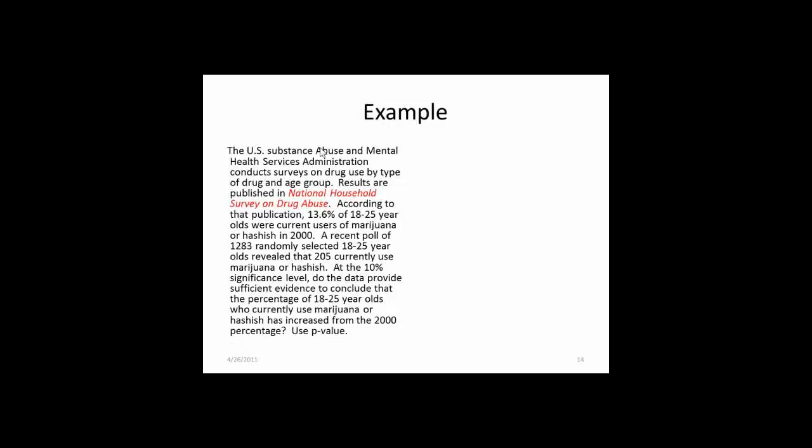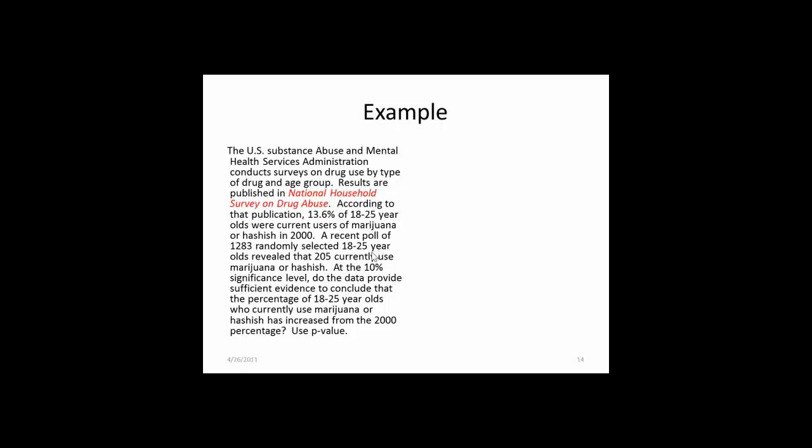The U.S. Substance Abuse and Mental Health Services Administration conducts surveys on drug use by type of drug and age group. According to the publication, 13.6% of 18 to 25-year-olds were current users of marijuana or hashish in 2000.